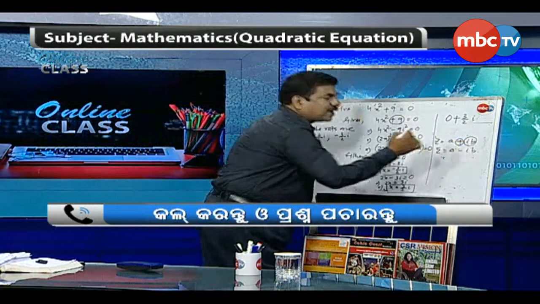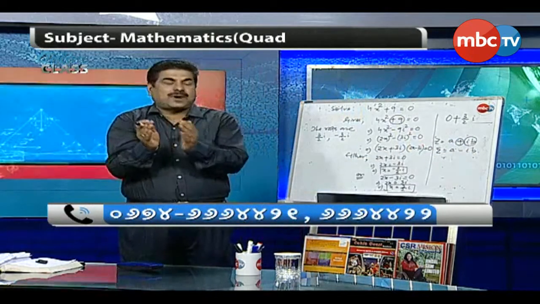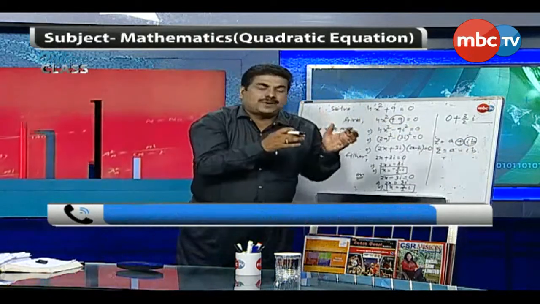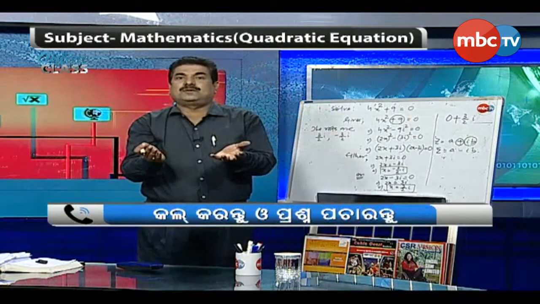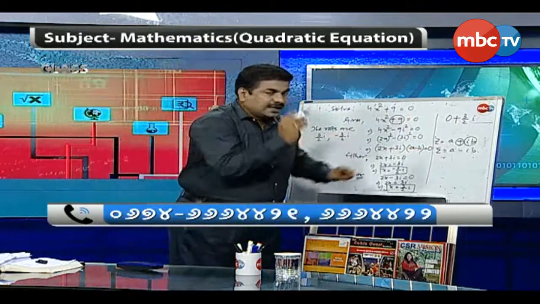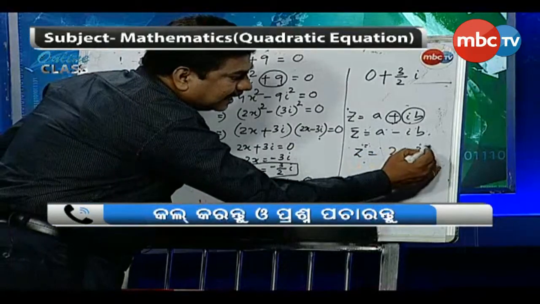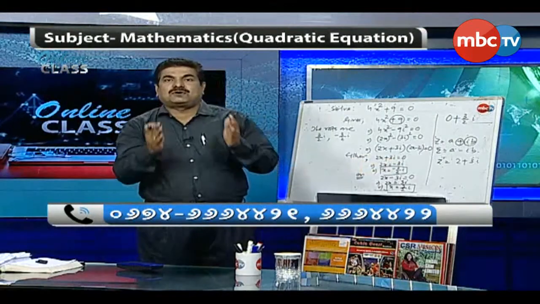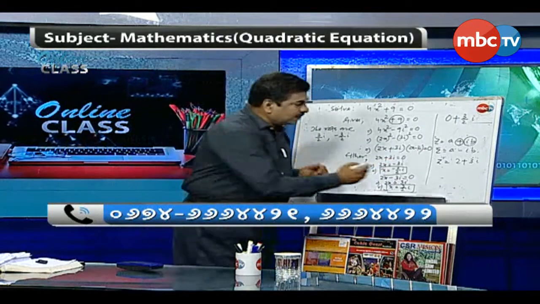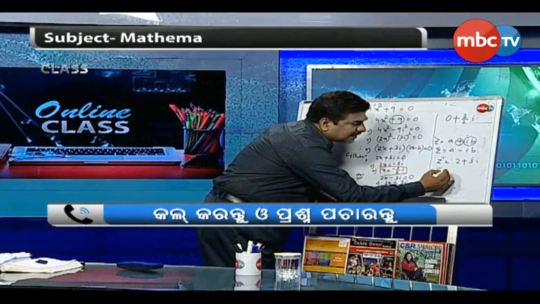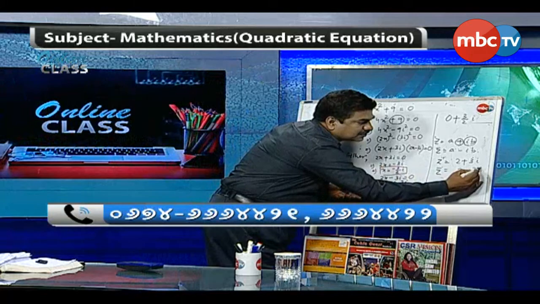Only the imaginary part changes, where a is the real part and b the imaginary part. For example, if z is equal to 2 plus 3i, then the conjugate of z is 2 minus 3i.